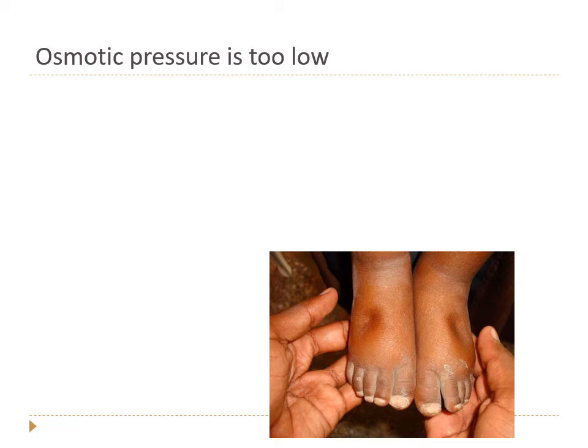So remember we talked about albumin as one of the 3 important plasma proteins. Albumin's important because it's very osmotically active. It helps to pull fluid, water, into the bloodstream and keep it there.